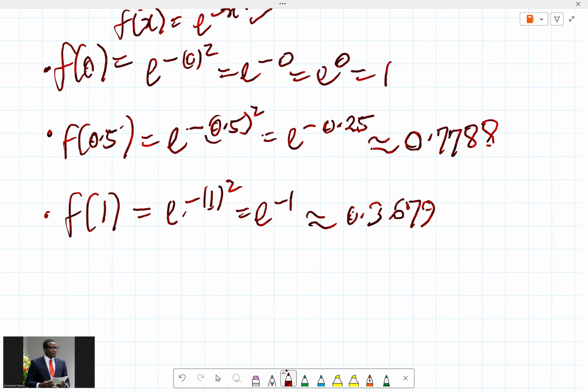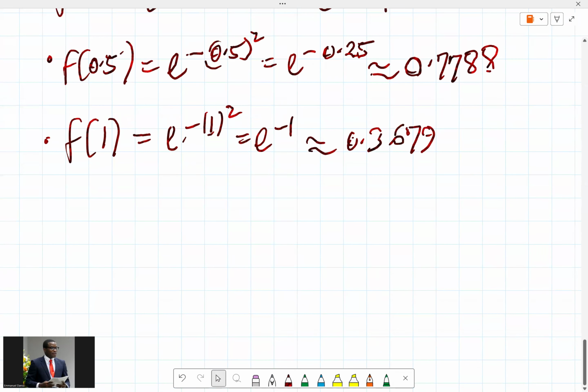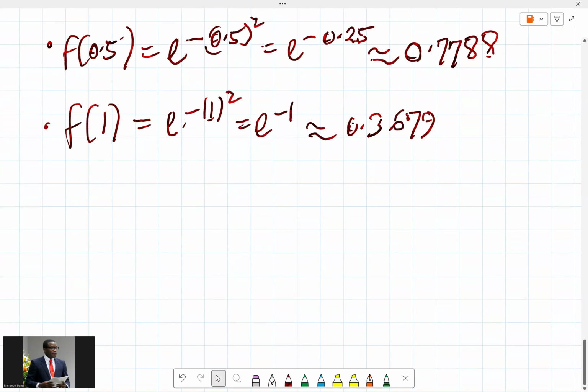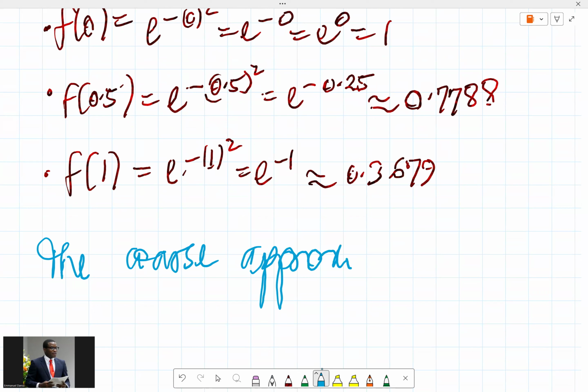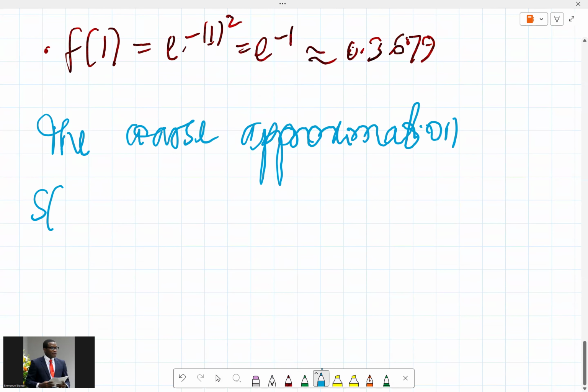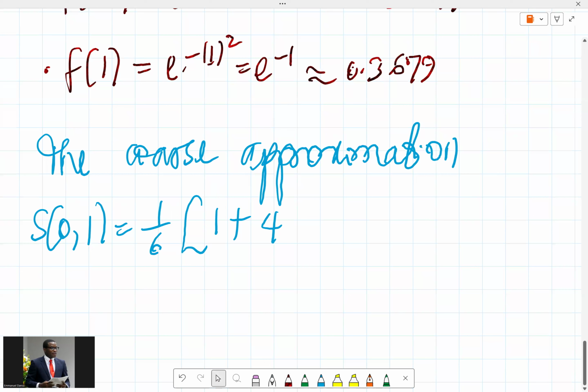So with that in place now, we go on and impute these values. So this is some kind of coarse approximation. The coarse approximation is now S of 0, 1 equals 1 over 6 into 1 plus 4 times 0.7788 plus 0.3679, where f of 0 is 1.